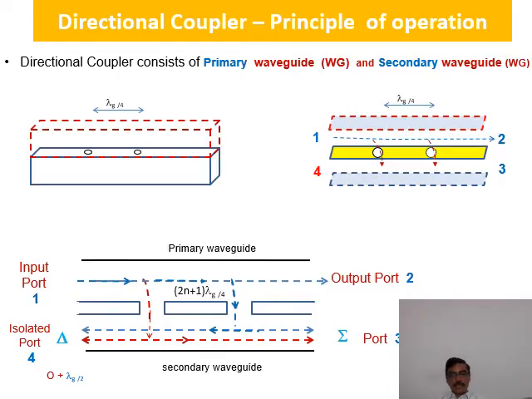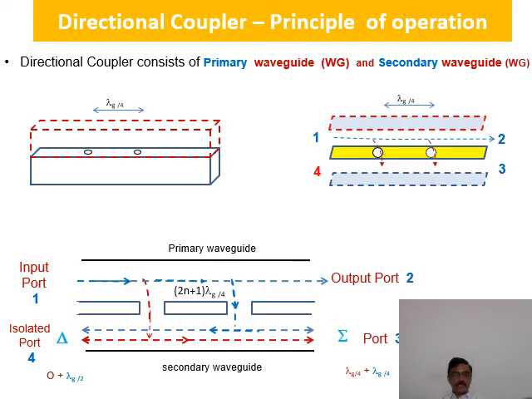I repeat, these two waves at port 3 have come from the first slot as well as from the second slot, and these two signals are known as the forward waves with the same phase and are getting added here because of the same phase, 90 degrees. Whereas the backward waves which are moving towards port 4 are 180 degrees out of phase and are cancelled at port 4.